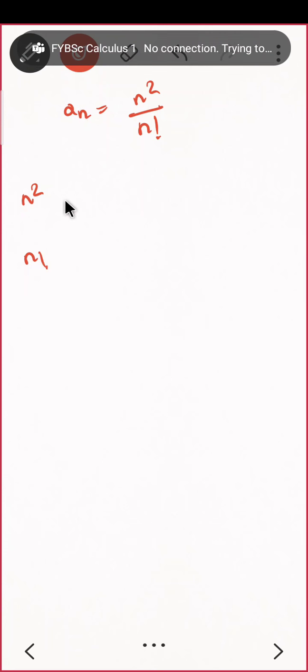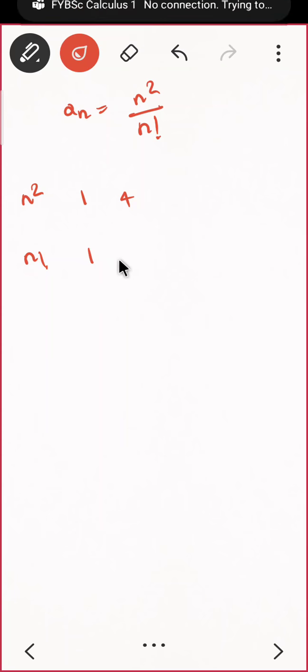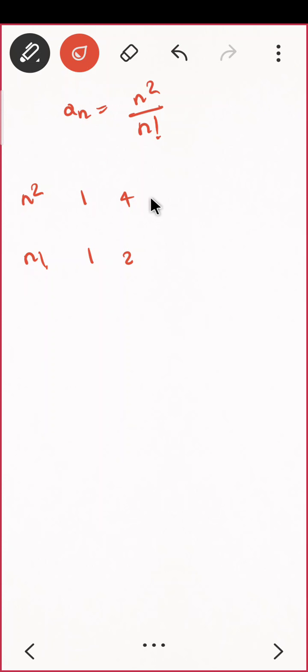Whether it is n square or n factorial. Still, if you are having issue, put values and see. N square written, n factorial written. For 1 it is 1, for 2 it is 4 and it is 2, for 3 it is 9 and it is 6, and for 4 it is 16 and it is 4 factorial. What is 4 factorial? 24. Correct.